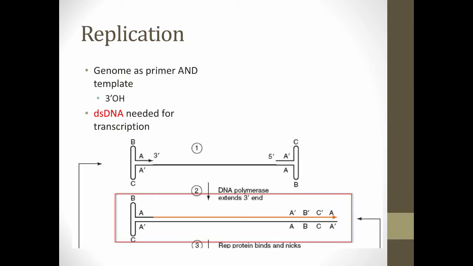Okay, so how do we get from this single-stranded genomic form of DNA to a form of DNA that can actually make mRNA? That mRNA can in turn make proteins. Well, again, because you have these terminal hairpins, the self-complementarity, at one end you have a free 3' OH.